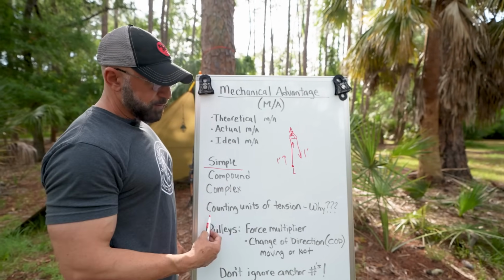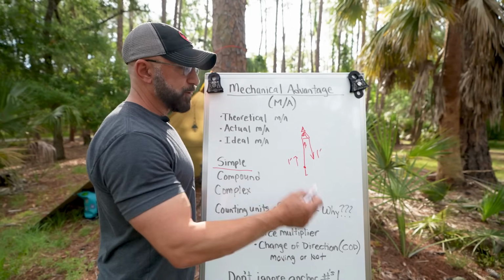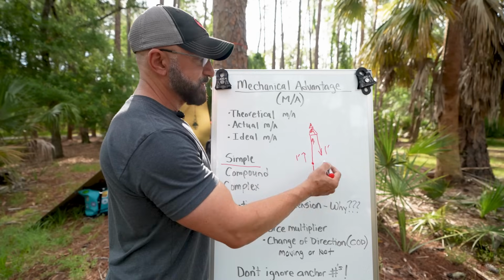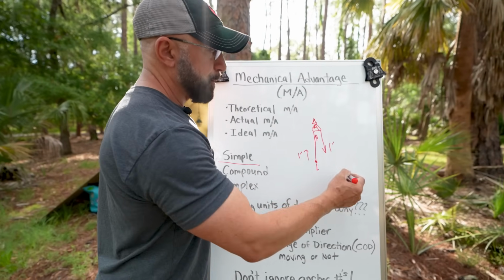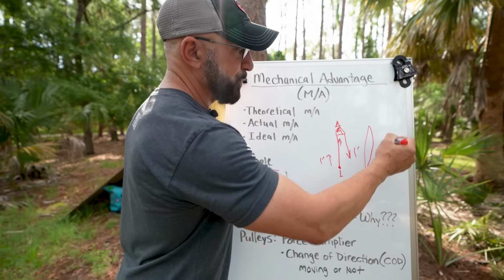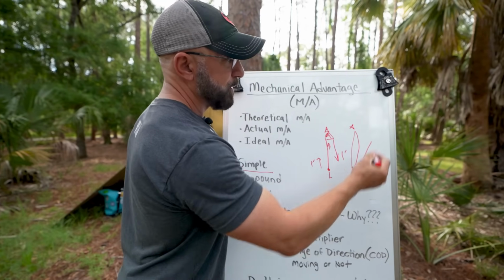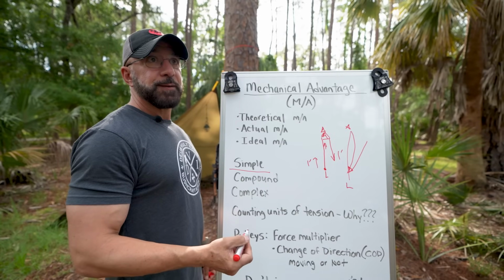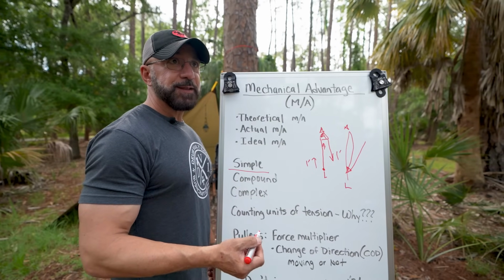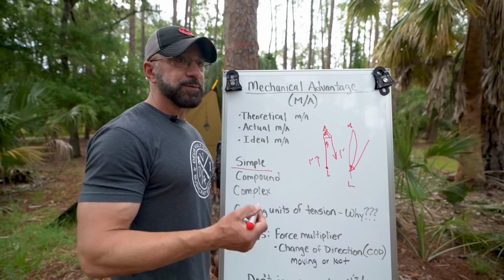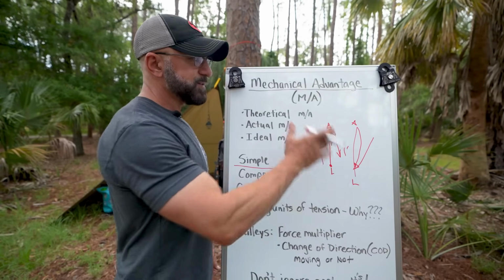Importance of counting units of tension, and that's why we're going there first, is because in building a system, we can memorize this pattern. We can memorize a Z-rig 3-to-1, that it looks like a Z. But if we forget the Z pattern, or we forget the theory behind it, and we go to build something else, all of this is out the window.